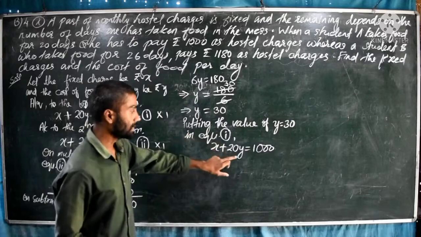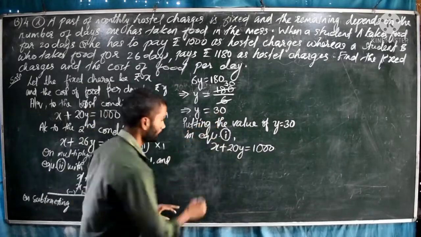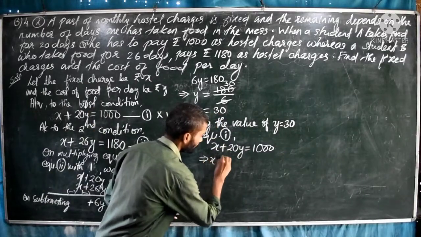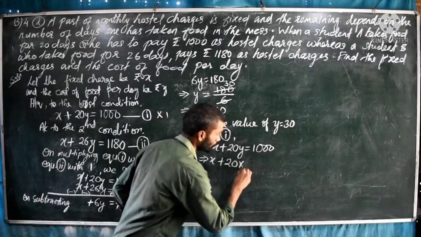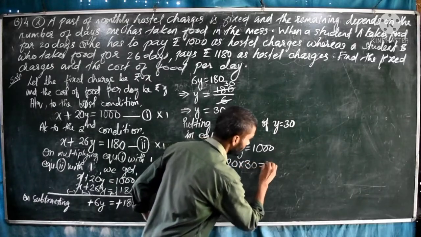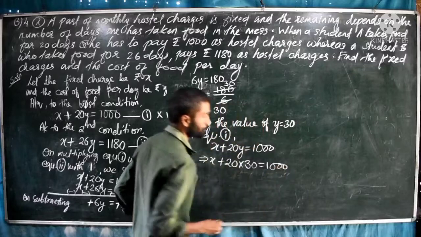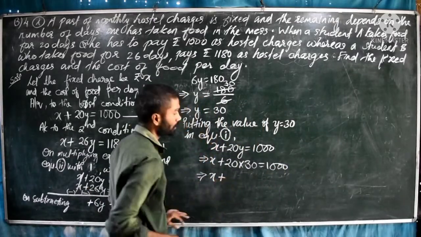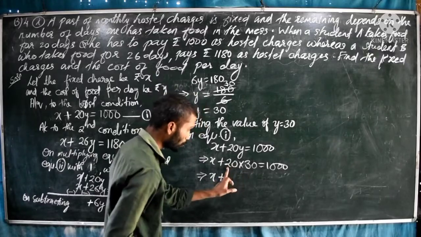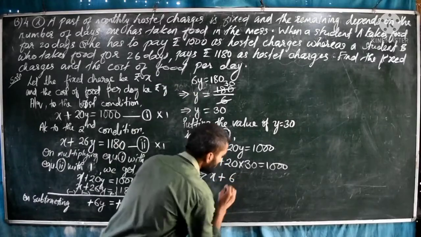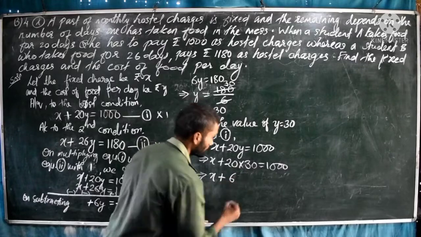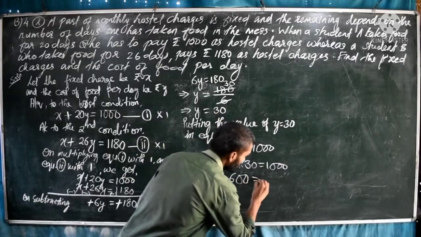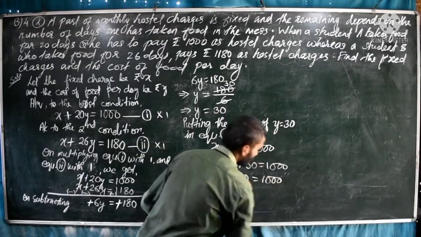Now we'll replace this y with this 30. So x plus 20 into 30 is equal to 1000. x plus 20 into 30. So 2 into 3 is 6, again 1, 2 zeros. So 2 zeros, is equal to 1000.